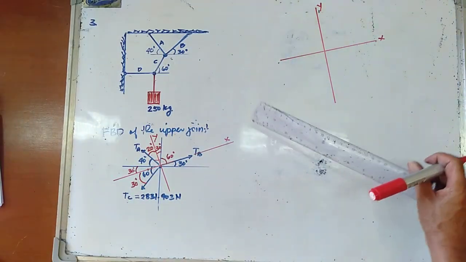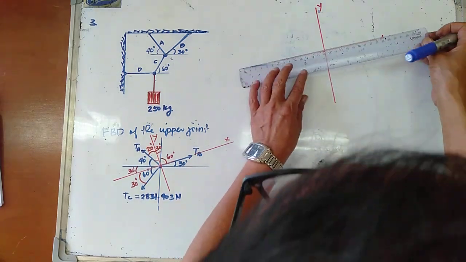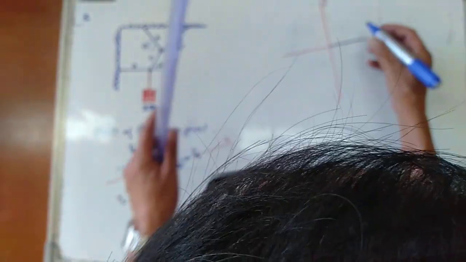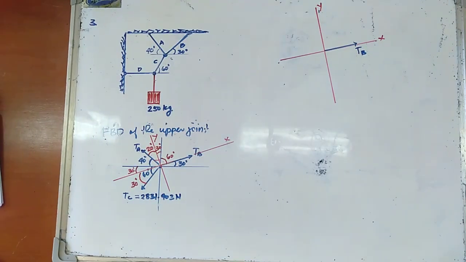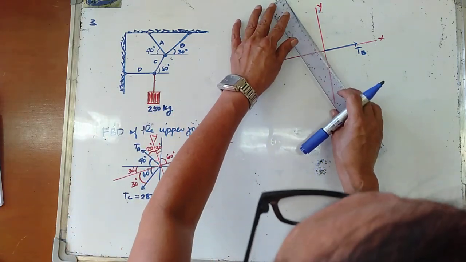Your TB is along the x-axis, so this is your T sub B. Your TA makes an angle of 20 degrees with the y-axis, so this is your TA.